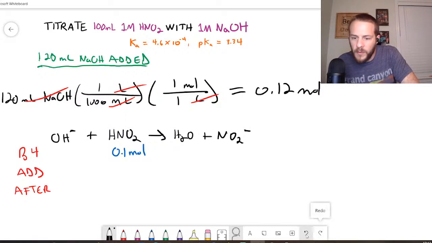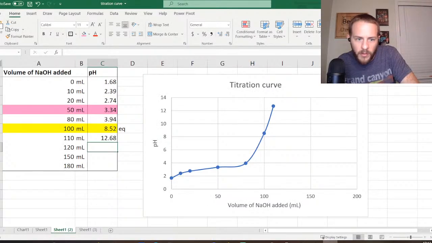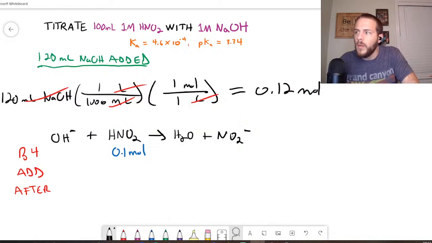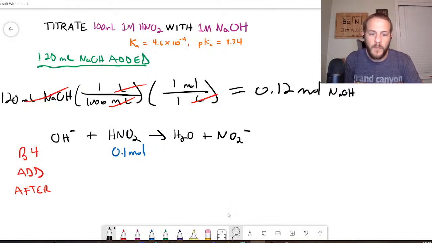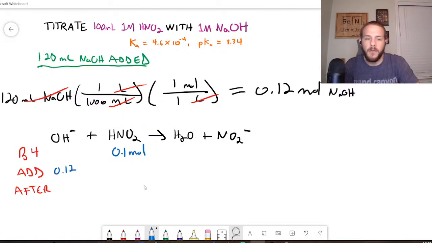Just want to make sure. Yeah, 0.12 moles of sodium hydroxide, right? So we're going to take that number, that 0.12, and throw it in here. That's how much hydroxide that we add, right?